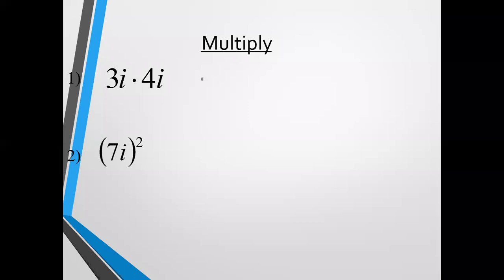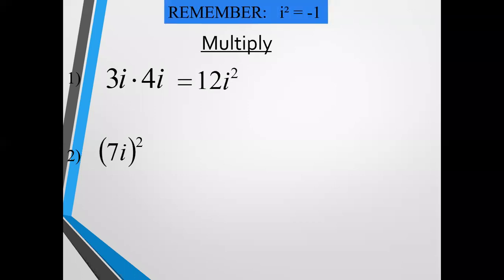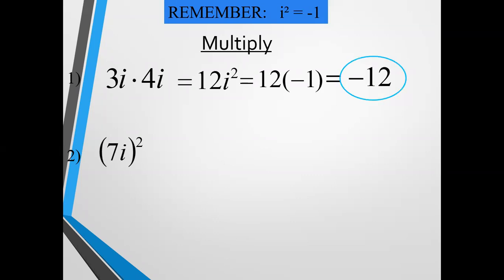How do we get that? If you look at it, when you multiply 3 and 4, it's going to give you 12. i and i is i squared. And what did we say i squared is? We said i squared is minus 1. So that means our answer for the first one is minus 12.